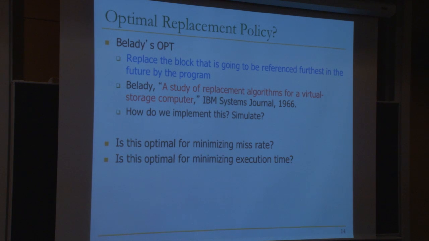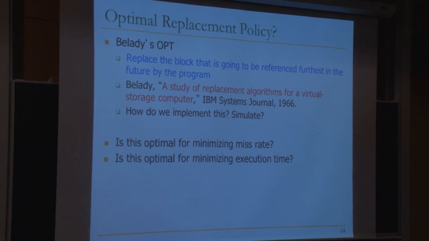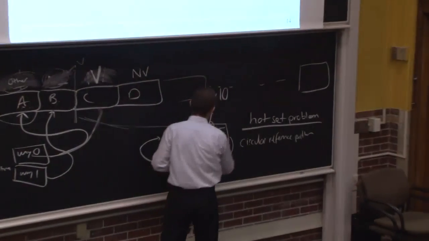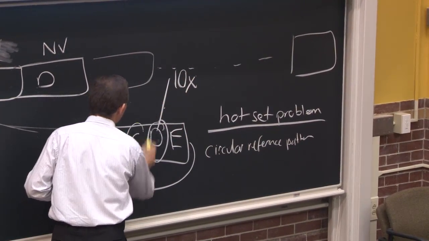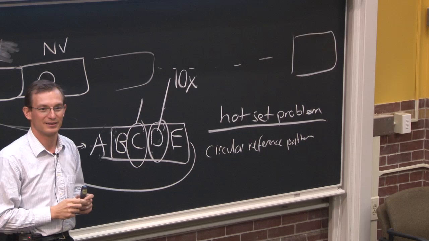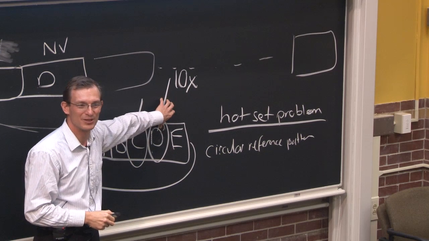And if you have accesses that are a lot more costly, for example, LRU may be optimal in minimizing your miss rate, but maybe refetching this block takes 10x more time than refetching this block. Right? And you know that you're going to use it at some point.